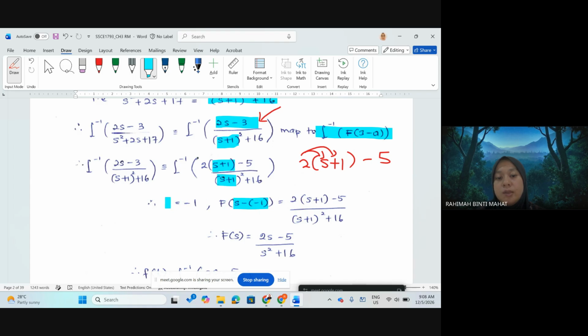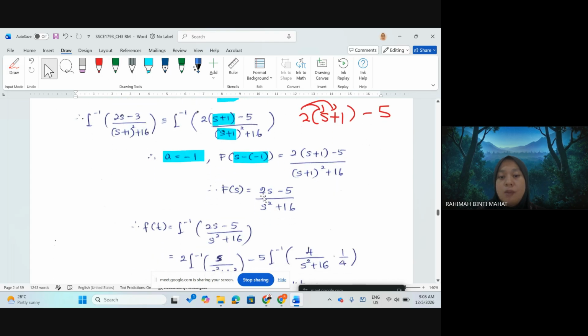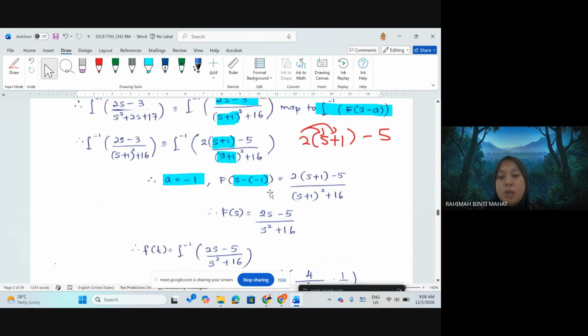So from here, you can see that your A is equal to negative 1. And you can make a conclusion that your Fs, you can just ignore the value of negative 1 here. So you can just get 2s minus 5 over s squared plus 16. This is your Fs.